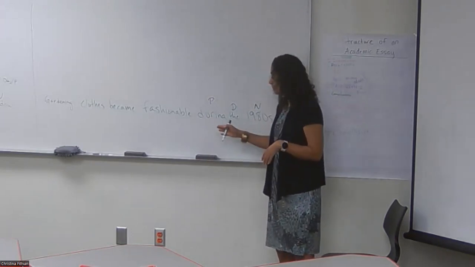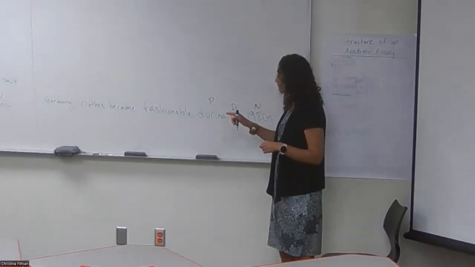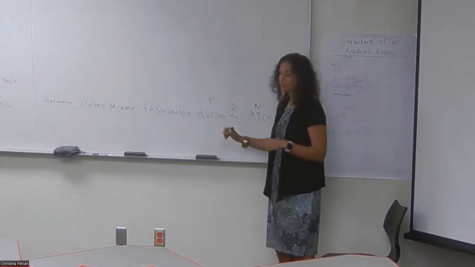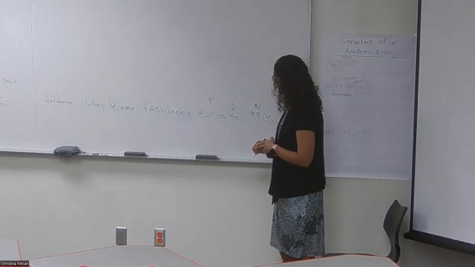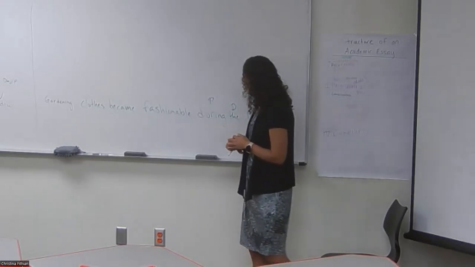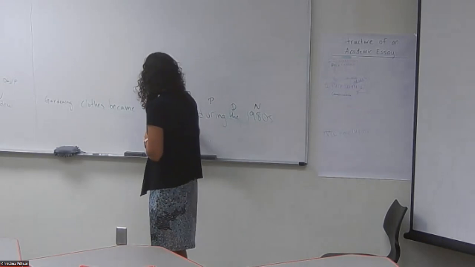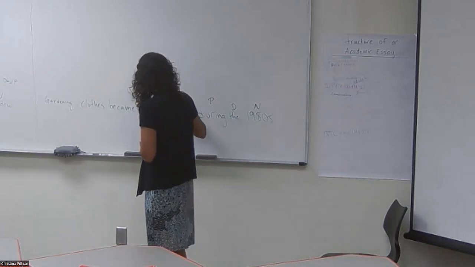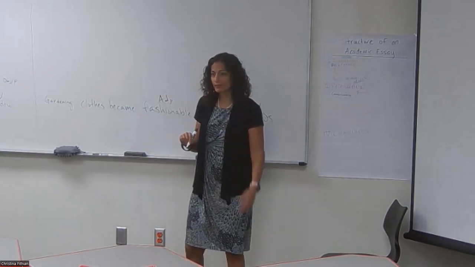An adverb you could probably end a sentence with, whereas I cannot say "gardening clothes became fashionable during." Okay, so during is a preposition for that reason. You cannot end a sentence with that. Okay, fashionable. Now, as we look at this, you might think, okay, well, I think fashionable is an adjective. Okay, you can say fashionable clothes, for example.